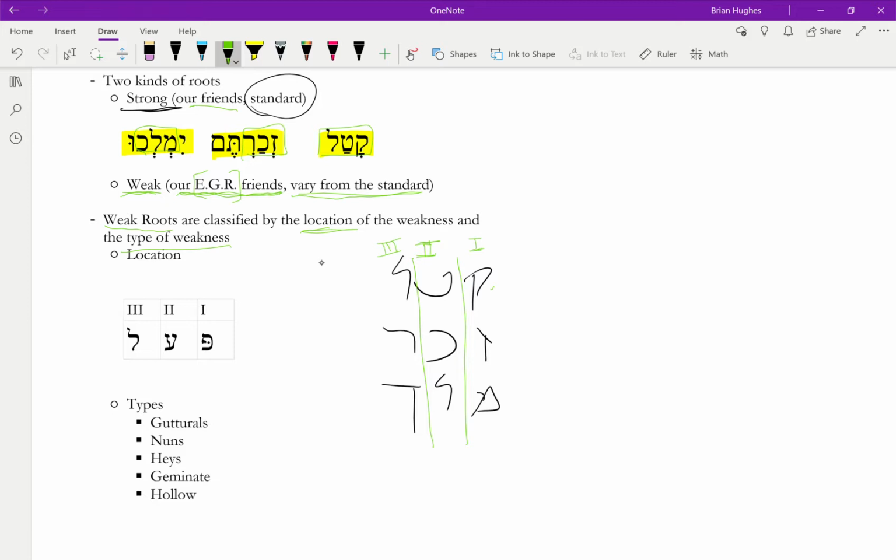Then we have the third root position, that's supposed to be 3, it looks like I just added it to 4. That would be the final root consonant, so the lamed here, the resh here, and the kaf here at the end. In Futato, this is the phraseology that we're going to learn: first, second, and third. And again, that relates to which consonant, reading right to left, in terms of the root of this word.